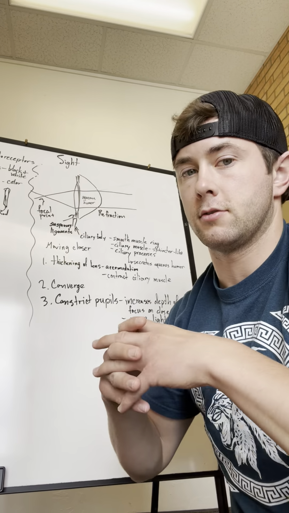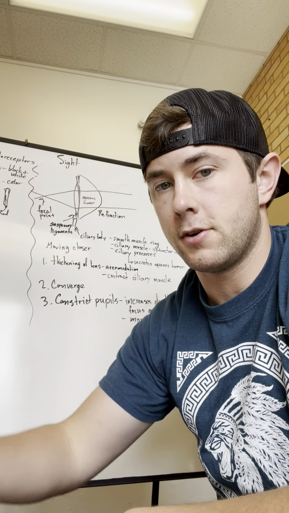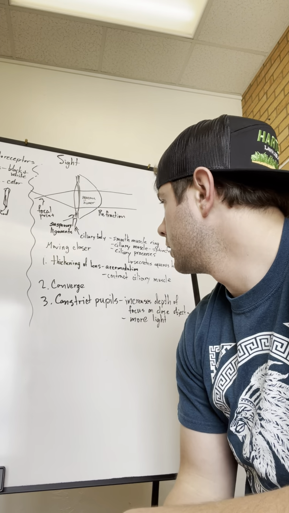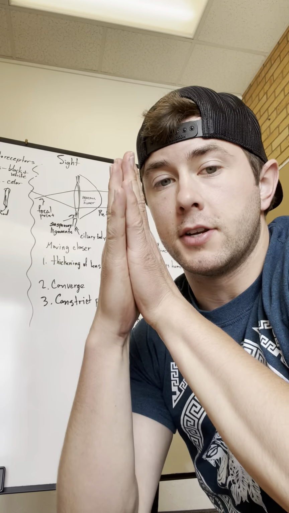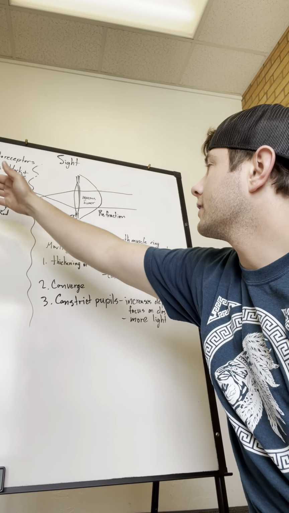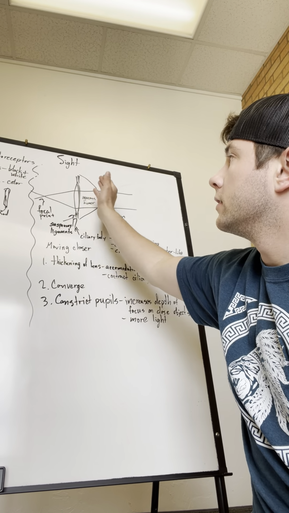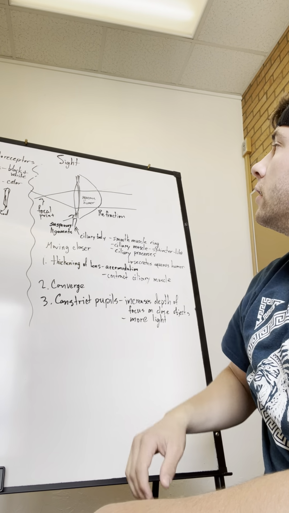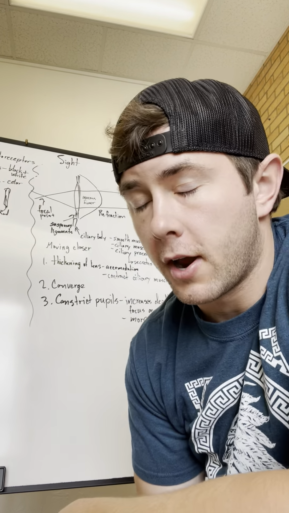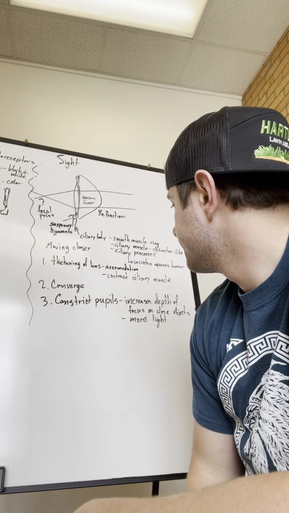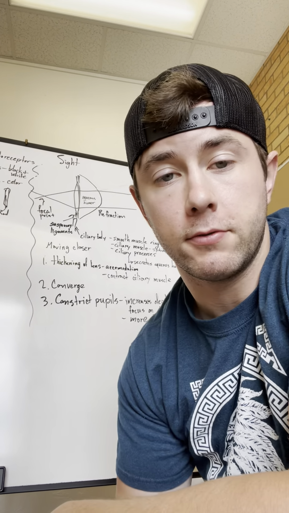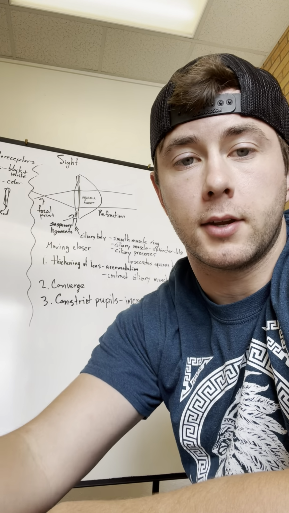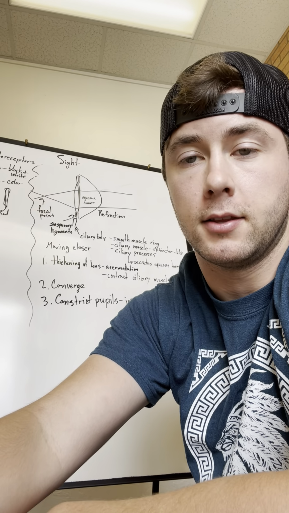You'll dilate your pupils looking far away to allow more light in, and you'll flatten your lens so you lengthen this focal point so that you can see farther. The flatter your lens, the less refraction will occur. So that is how we focus light via the ciliary body, the lens and the cornea.